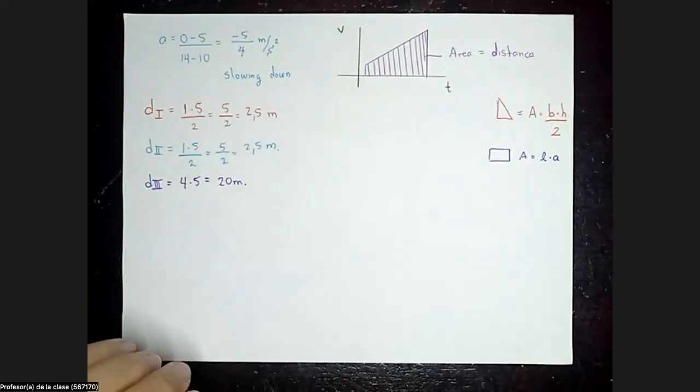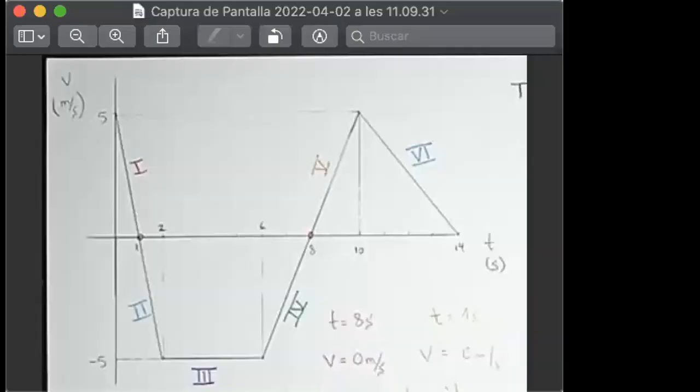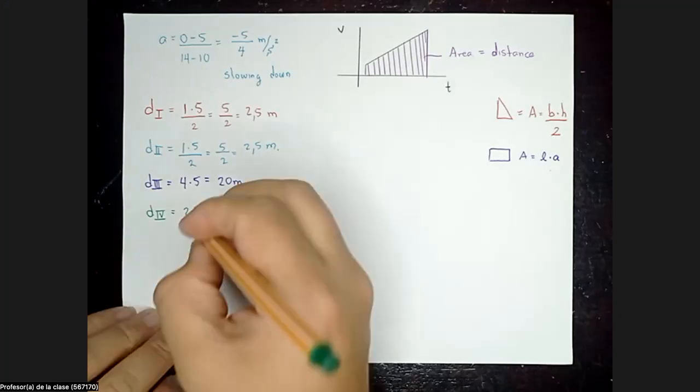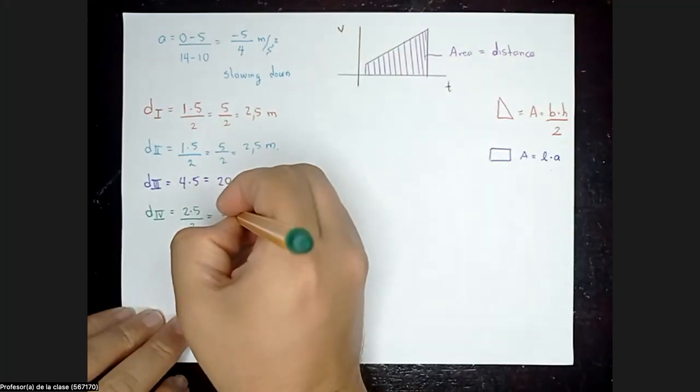Now, the fourth interval. Here we have another triangle. The base is going to be the distance between 6 and 8. This is going to be 2. The height is going to be 5, and dividing by 2, because that is the formula, 2 by 5 divided by 2 is going to be 5 meters.